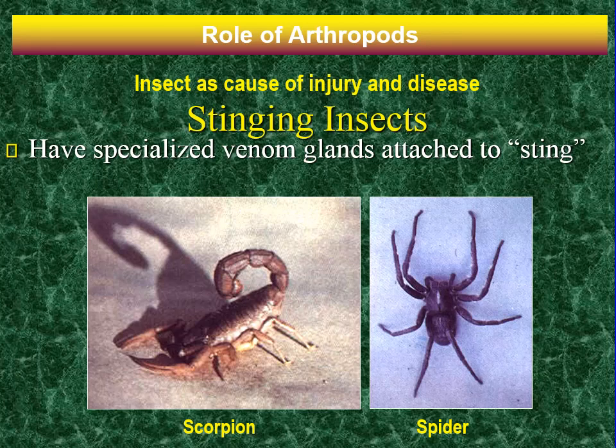Some arthropods like spiders and scorpions have specialized glands which secrete poison, and when injected in man, they may cause severe injury or may even end in death.